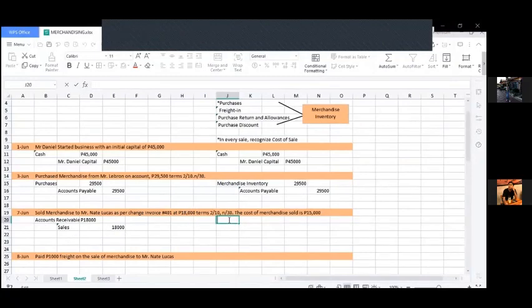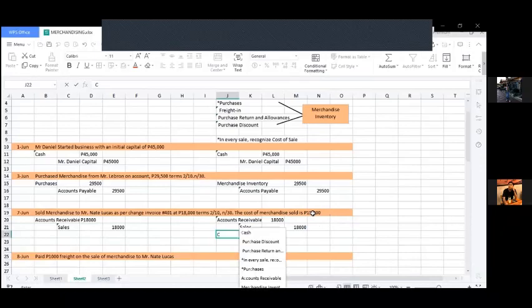So, ang magiging entry natin dyan is debit accounts receivable and credit sales, 18,000. And mag-recognize tayo ng cost of goods sold. So magkano daw yung cost of merchandise natin? 15,000.